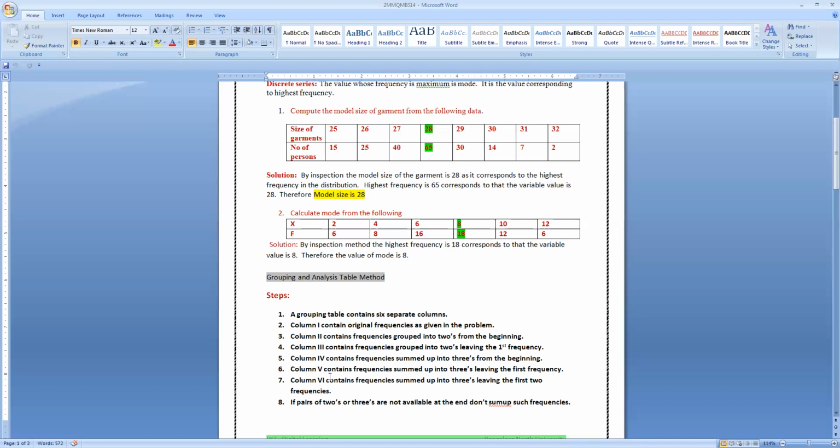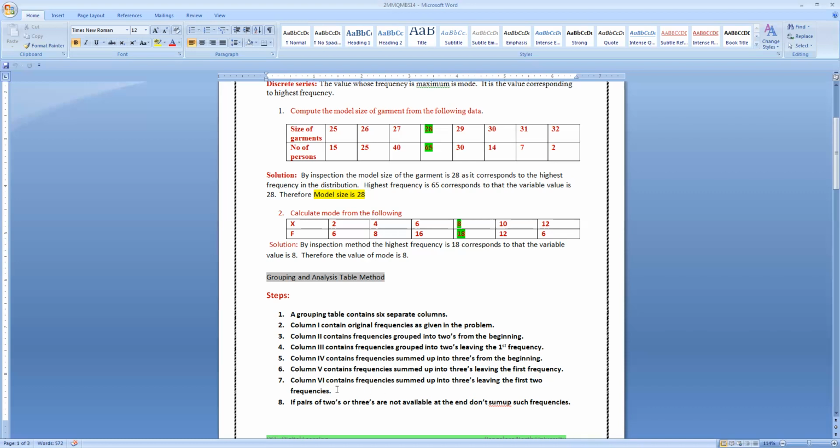Then the fifth column: we leave the first frequency, then add 3 frequencies together. At the last, if there are not 3 values or 2 values available during grouping, we should leave the numbers as they are. Only if 3 values are there can we add them. If only 2 numbers remain at the end, we should not group those 2 numbers. So the fifth column, leave the first frequency, then start adding 3 numbers.